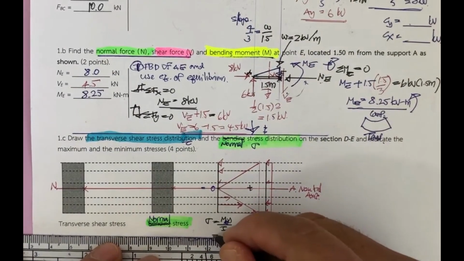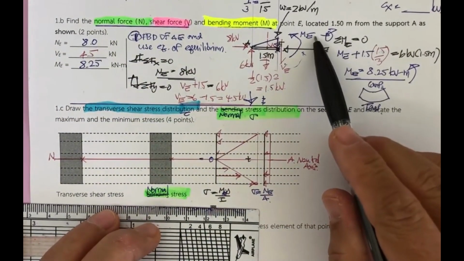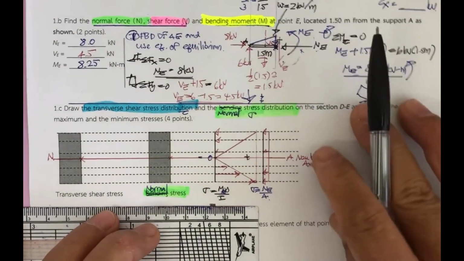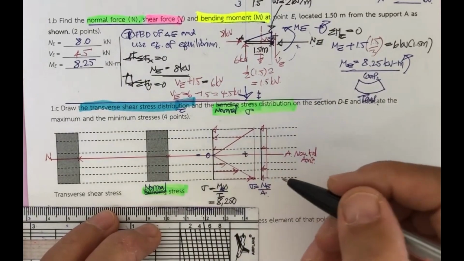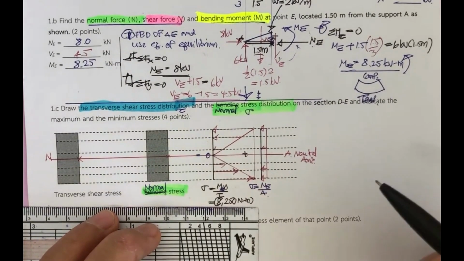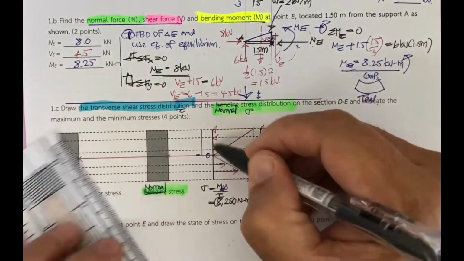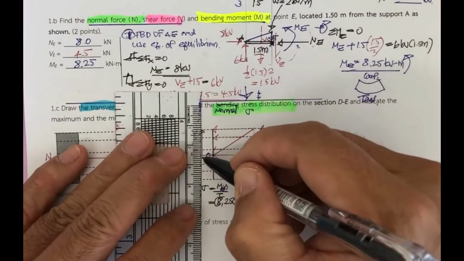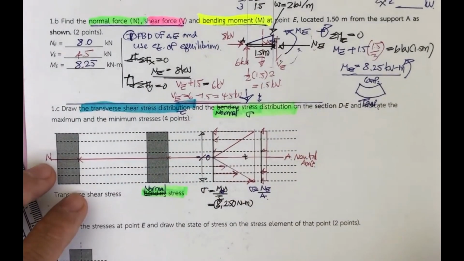The moment here is 8,250, and this is Newton meter. And the y is the distance you measure from the neutral axis to the top and to the bottom. This guy has the same one.